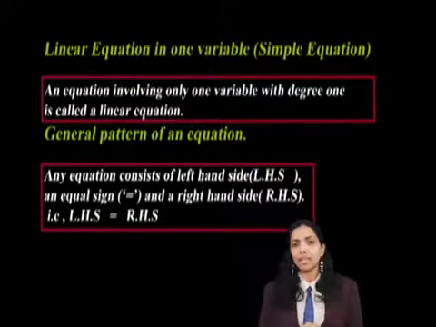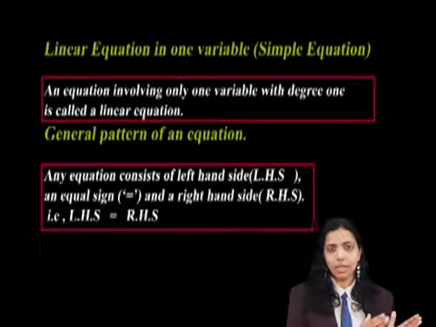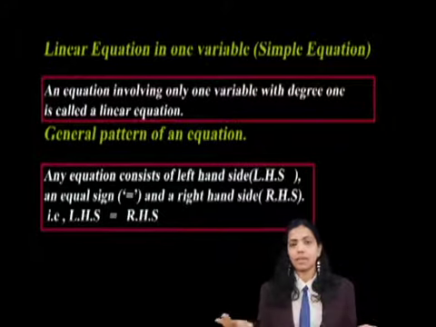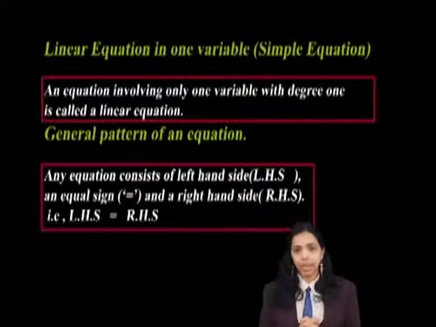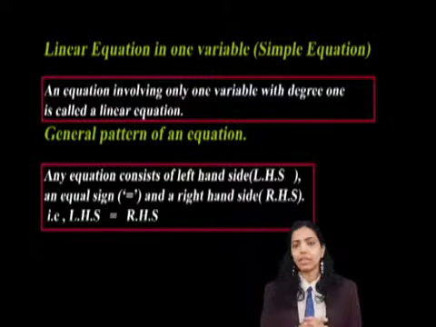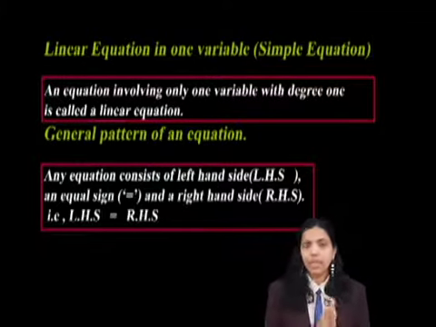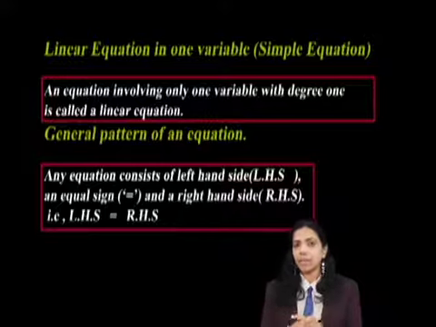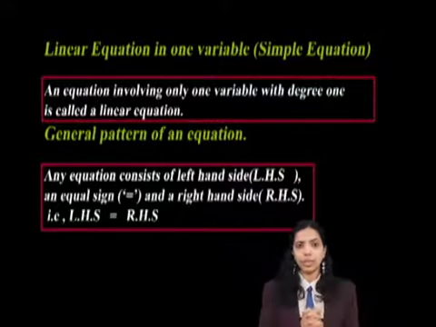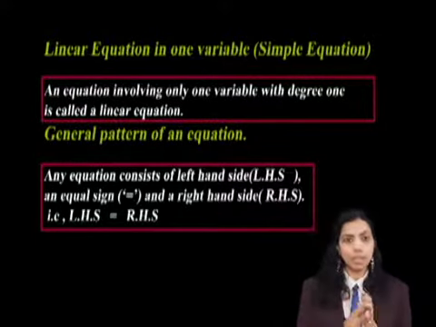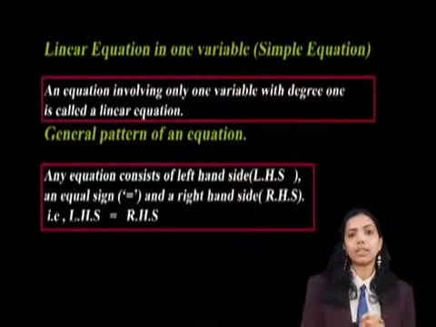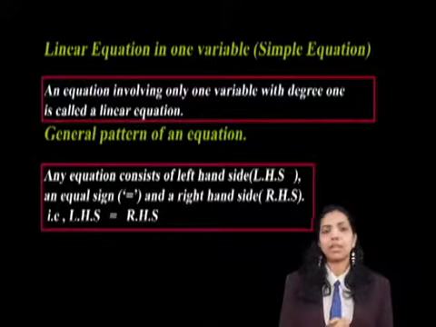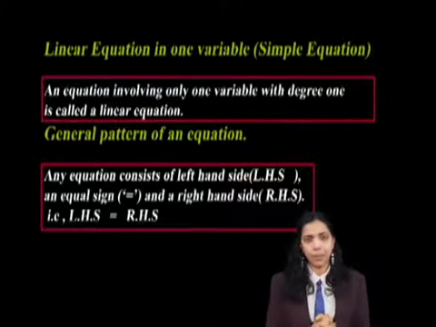The left hand side we denote by LHS and the right hand side by RHS, and the left hand side is equal to the right hand side. So an equation consists of the left hand side, the equal sign and the right hand side. That is the difference between an expression and an equation. An expression has no equal sign, but an equation consists of an equal sign.